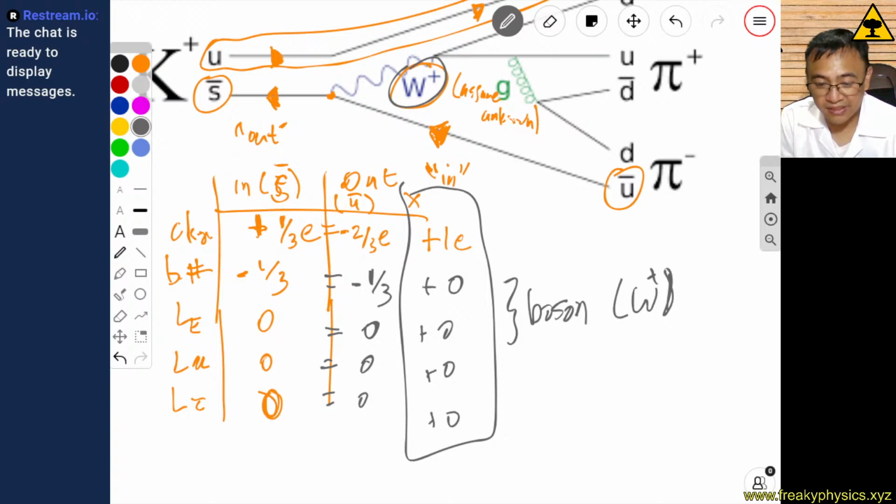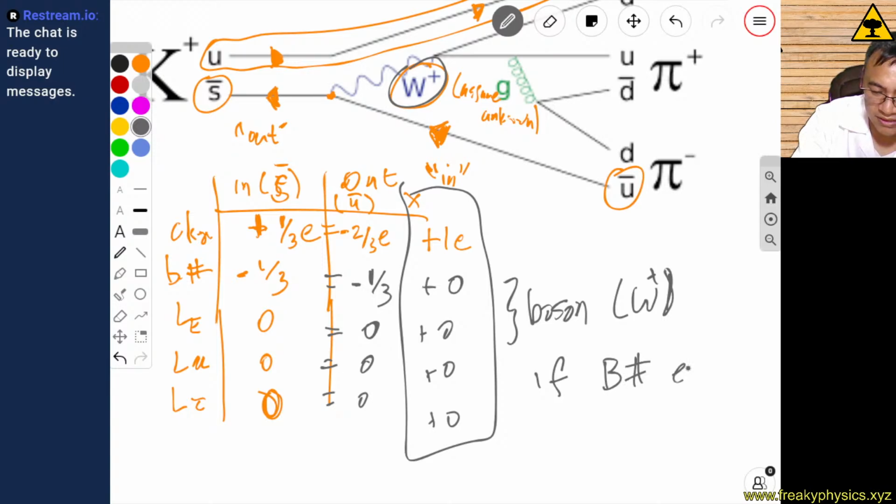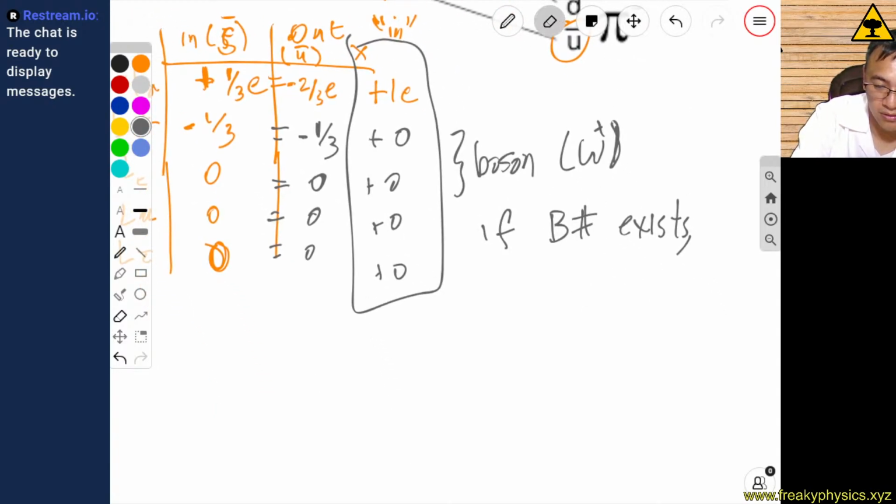However, if it doesn't have any one of those, it has to be a boson. So again, if baryon number exists, it has to be a baryon. Must be a baryon.